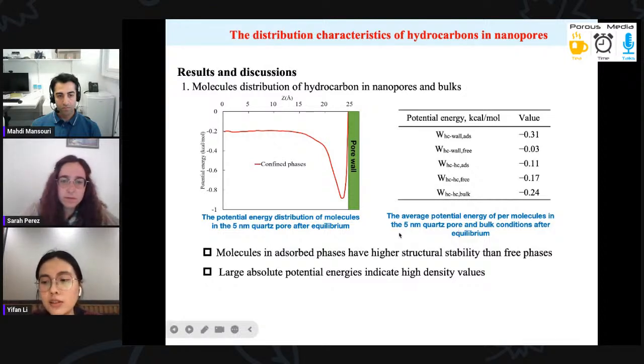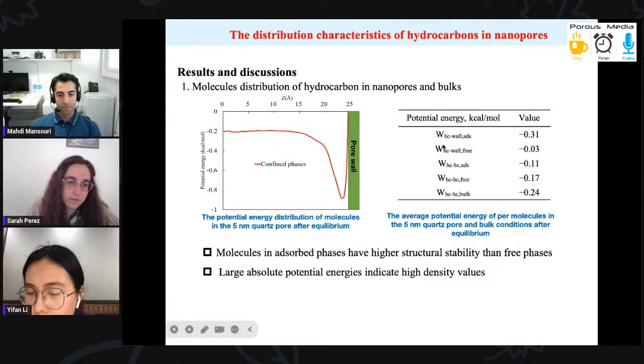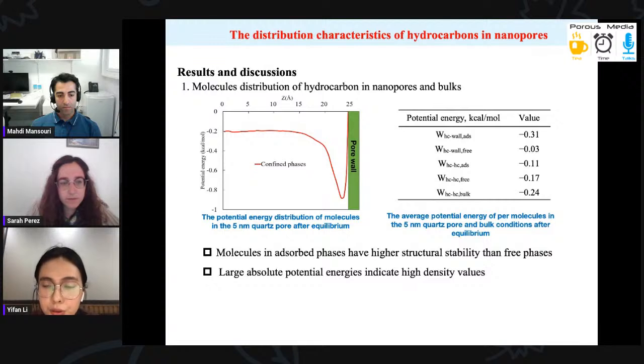Also, to understand why the density of the free phase is lower than the bulk phase, we have this table here. The potential energy of hydrocarbon in the nanopore is actually contributed by two kinds of potential energy. One is the potential energy between the hydrocarbons themselves, and the other is the potential energy from the pore wall to those hydrocarbons.